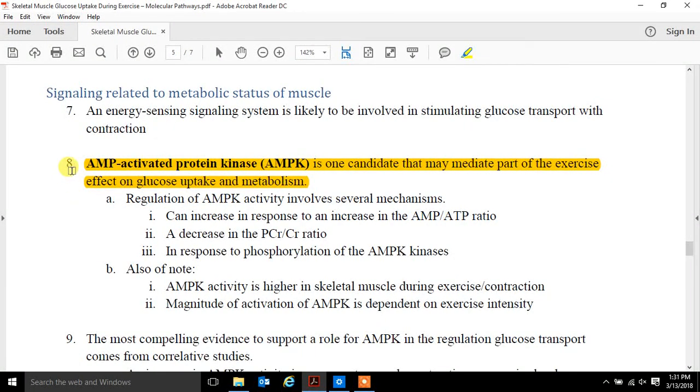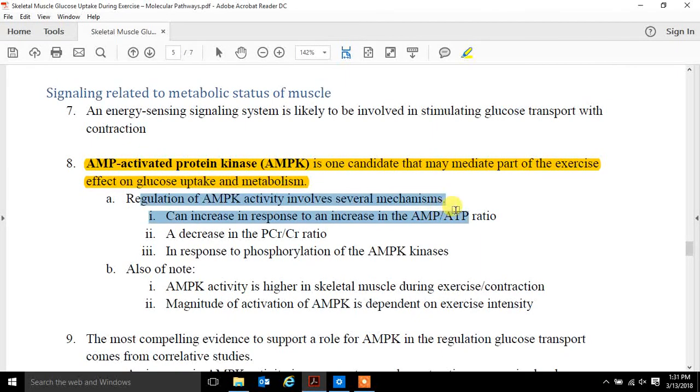And that's where AMP activated protein kinase, or AMPK, comes into play. We'll see this again come up when we start talking about the adaptations to different types of exercise. So what causes AMPK to become active, and what regulates its activity?